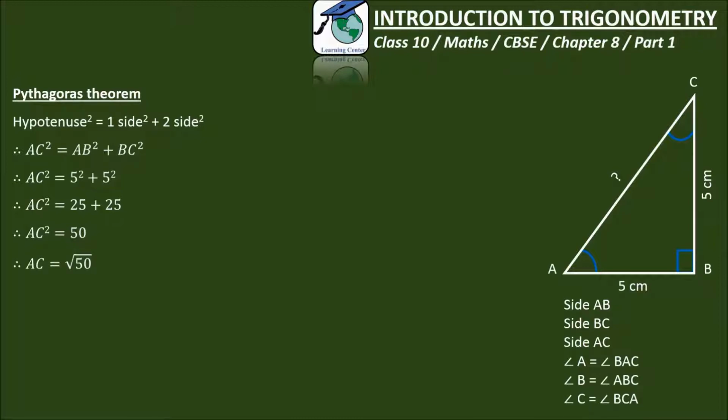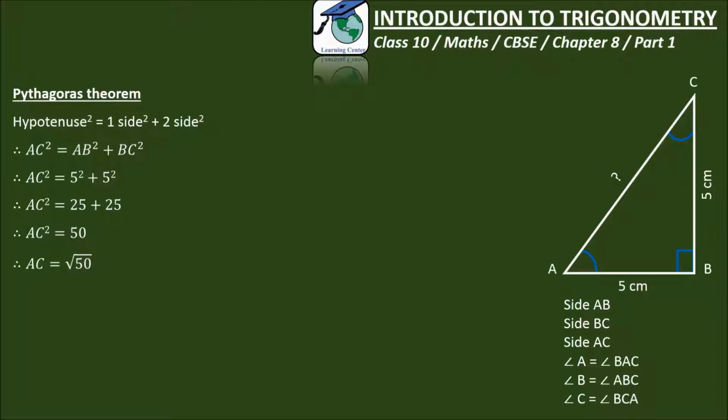Now how can I find root of 50? For this example, I will just take an approximate value. Tell me, what is the square of 7? 7 square is 49. That means root of 49 is 7 and 50 is very close to 49. So I will consider 50 as approximately equal to 49.